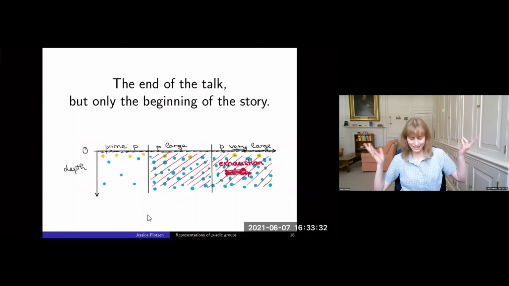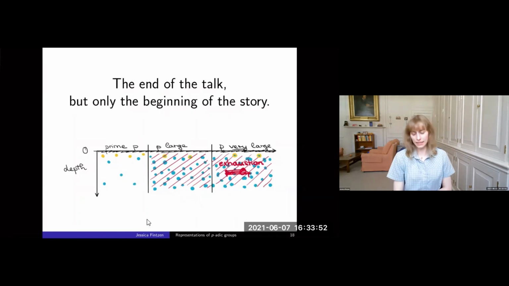I mean, whatever almost means, but most of the representations are regular supercuspidal. But there exist representations that are not regular supercuspidal, even for p very large.